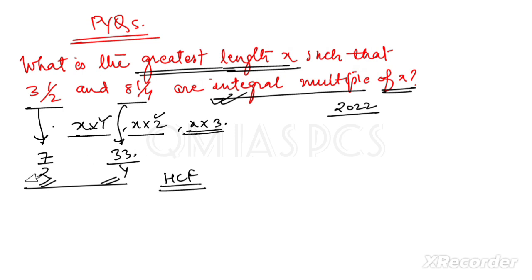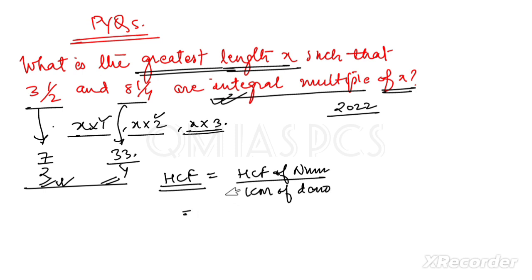So we have to find the HCF of this fraction. That's why I'm telling you that we have to understand what the formula is for the HCF of a fraction or LCM of a fraction. So let's do this one. What I have told you right now, we have to write here HCF of numerator divided by LCM of denominator.